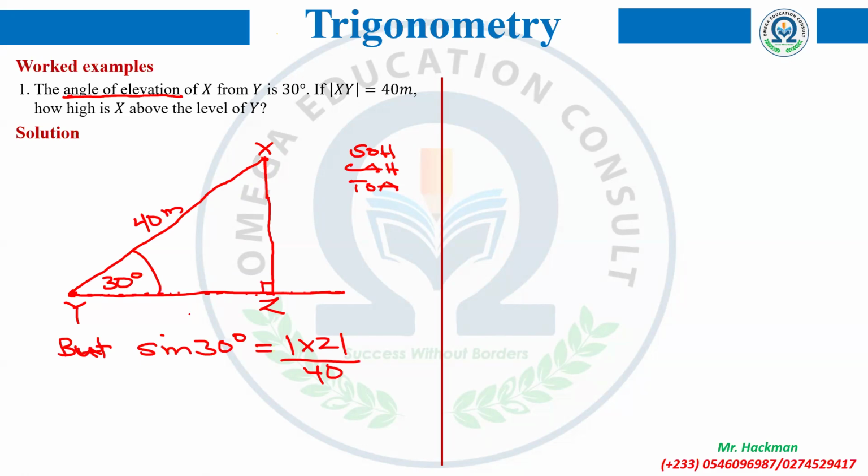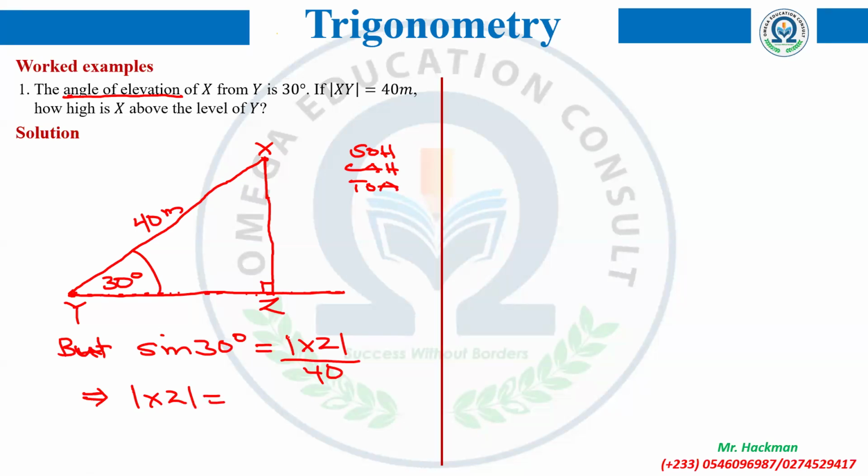Yes, please. Now you can see what I have written here, I can see equal to there. So I can come and write, this implies that I'm looking for XZ. So the length of XZ will be equal to 40 times this.